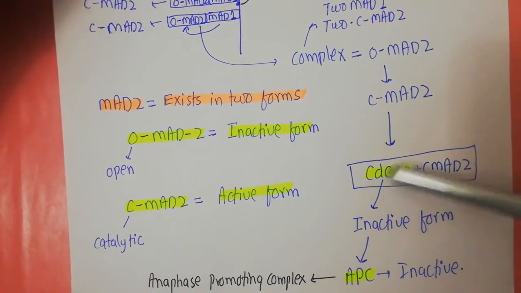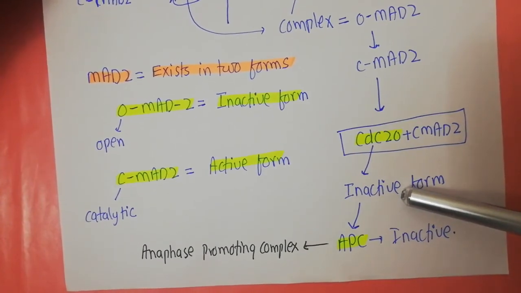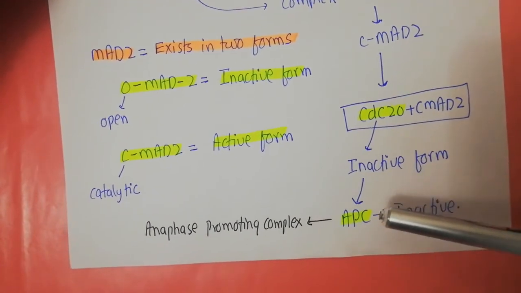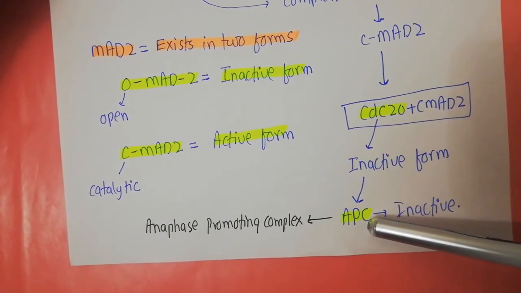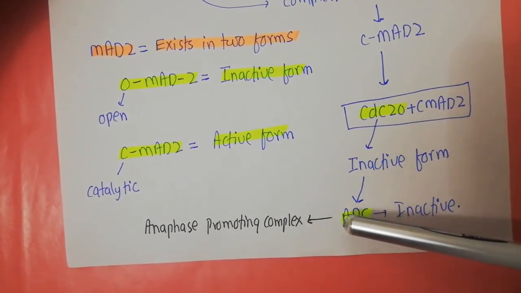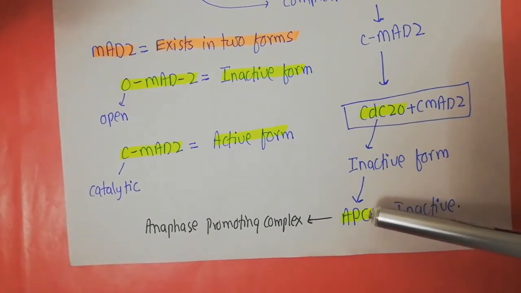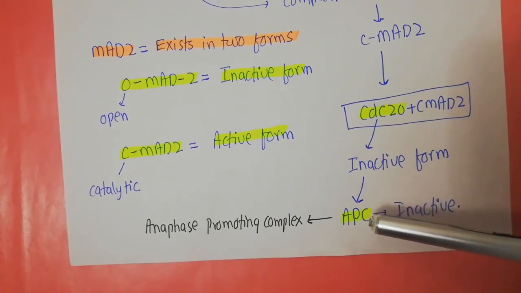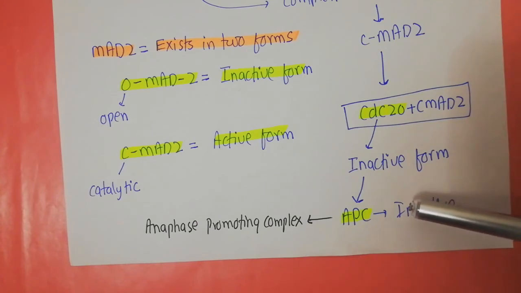When the CDC20 is in the inactive form, it cannot go on to activate a protein complex which is known as the anaphase promoting complex. Now, as the name indicates, this is the anaphase promoting complex, and that means if this is in the active form, that is going to promote the anaphase. But if the anaphase promoting complex is in the inactive form, that means you cannot move from the metaphase into the anaphase of the cell cycle.